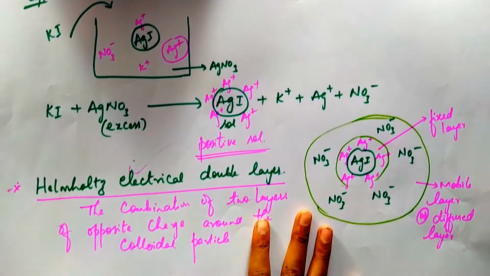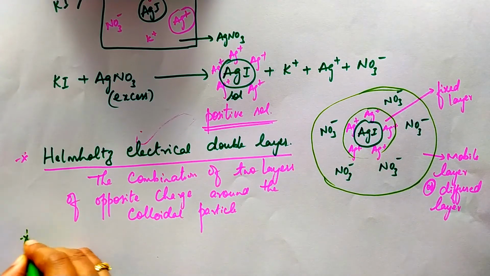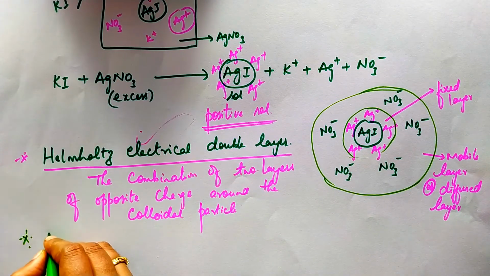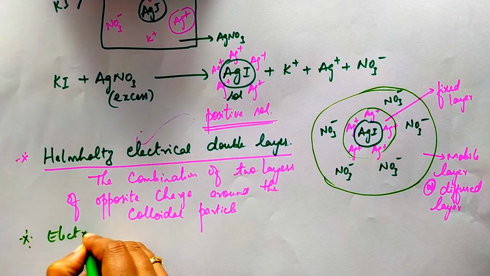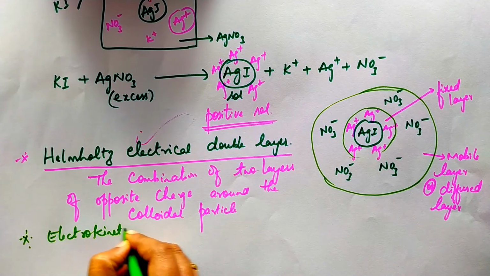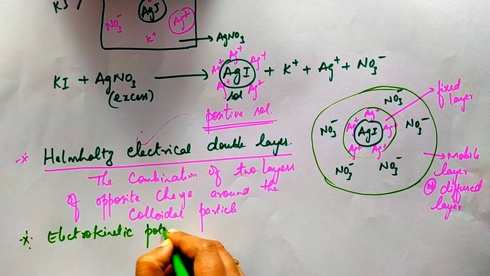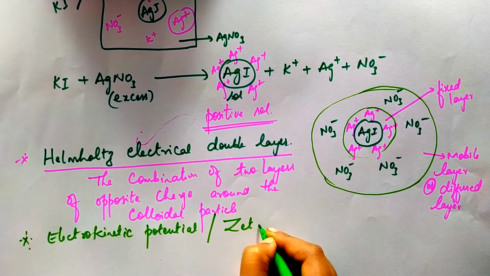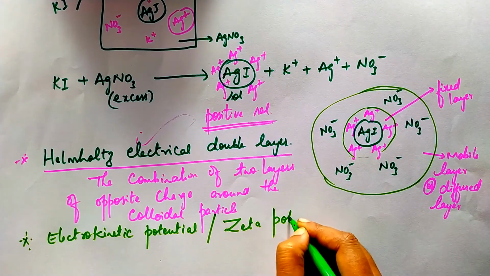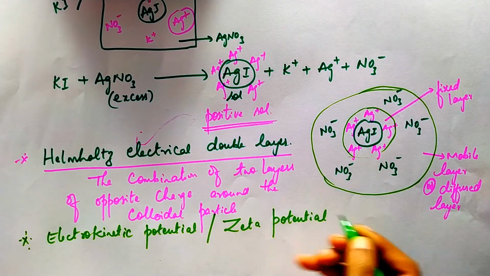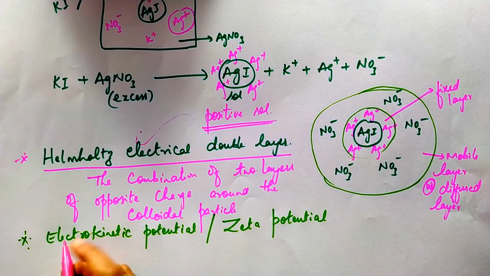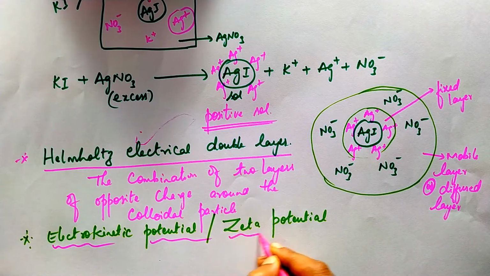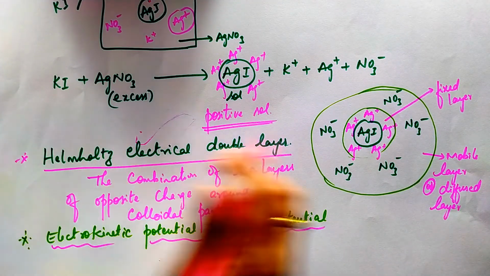Let me define that term now, which is also an important term. That is electrokinetic potential, or zeta potential. That means the potential which is developed between two layers.